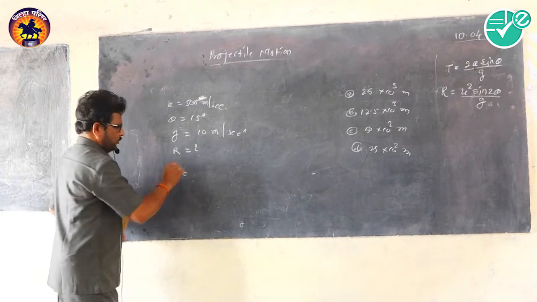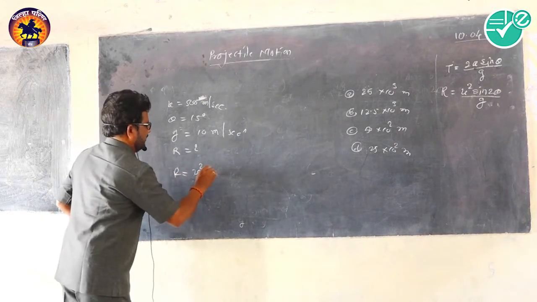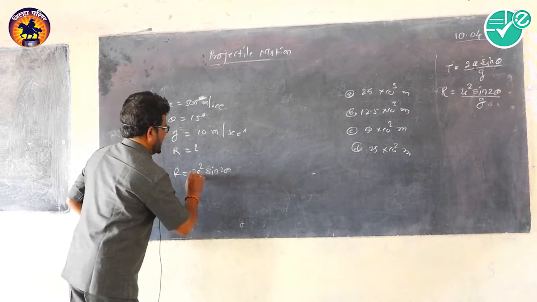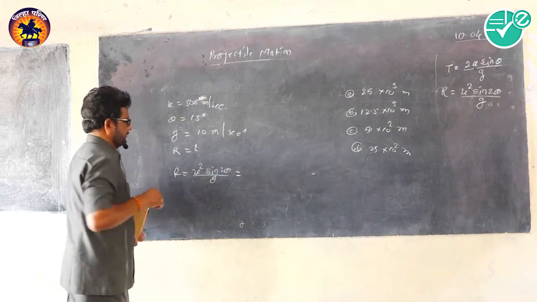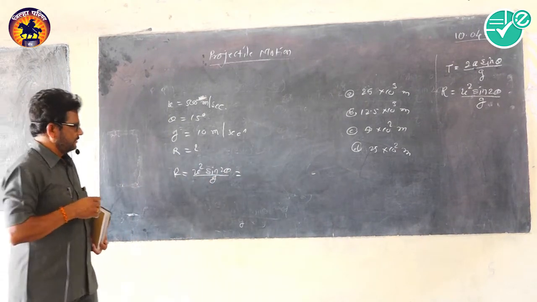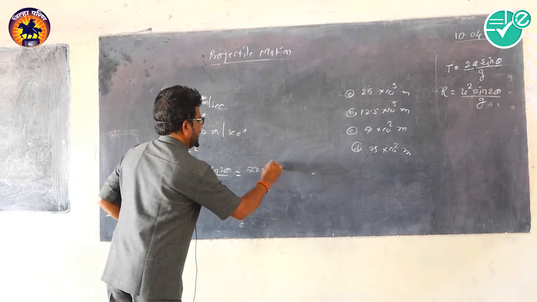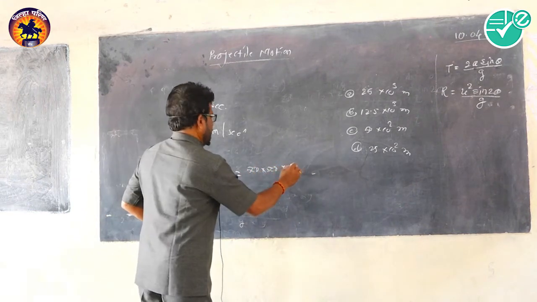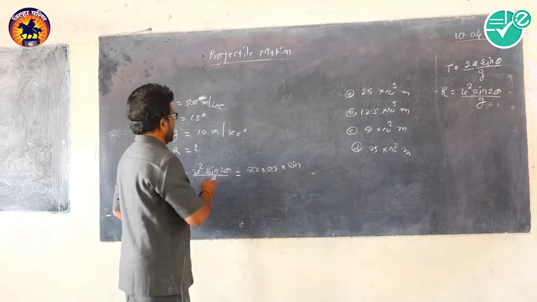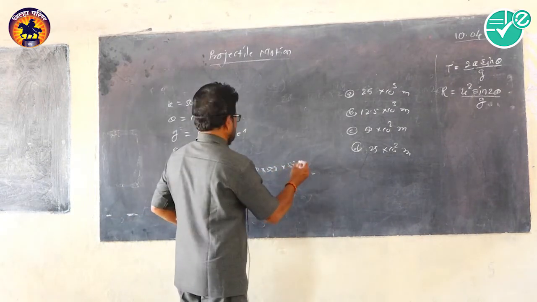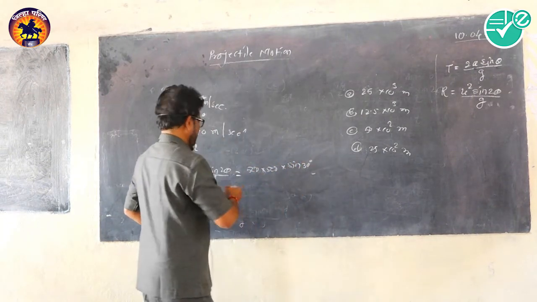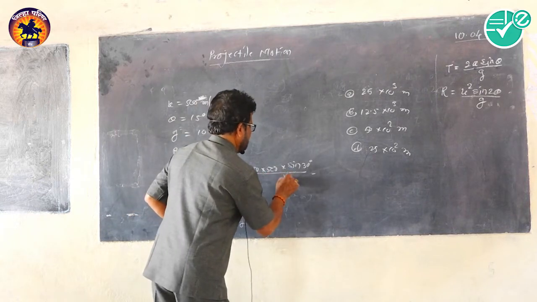So range R is equal to u square sin 2 theta upon g. All values are given here. So u square, that is 500 into 500, into sin 2 theta. Theta is 15, so 2 theta is 30 degree, upon g, that is 10.